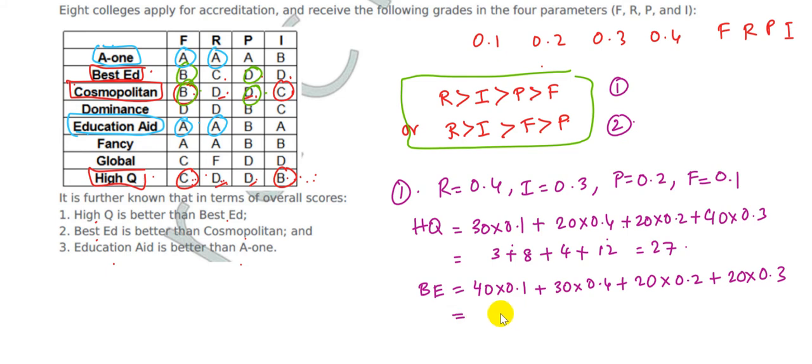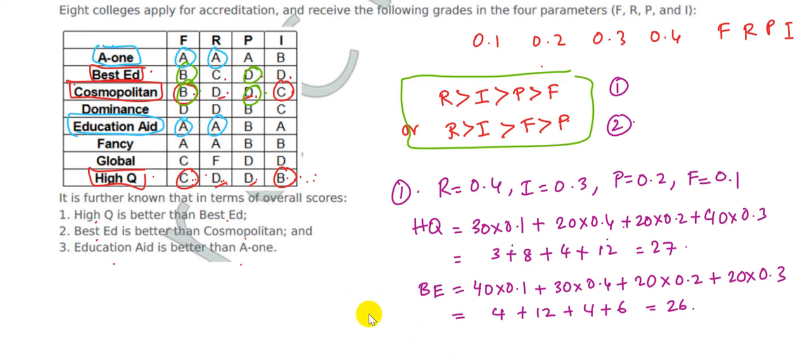So this comes out as 4 plus 12 plus 4 plus 6, which is 26. So HQ is greater than B is correct.